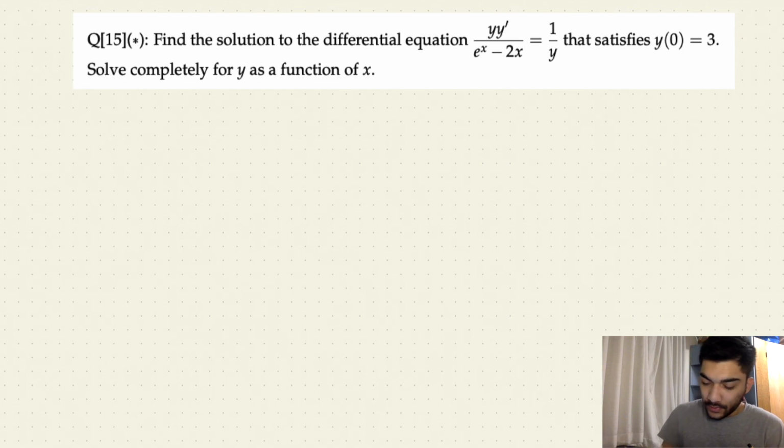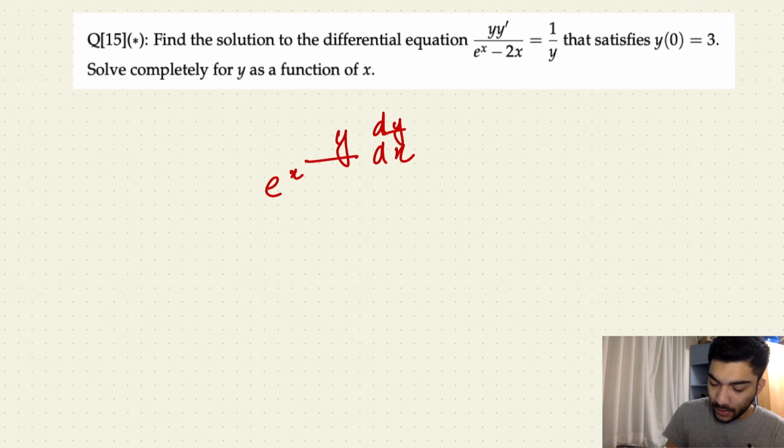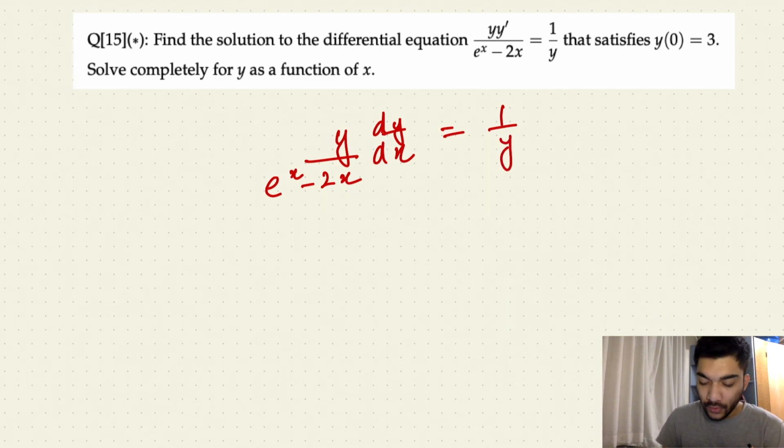So now let's write the equation first. The equation is y times y dash, which is dy by dx, and then in the denominator you have e to the power x minus 2x, and on the right hand side you have 1 by y. You know that for solving separable differential equations we move the similar variables to one side.